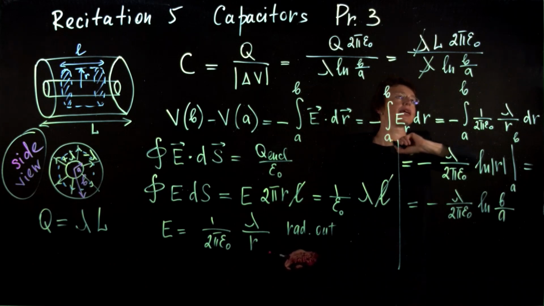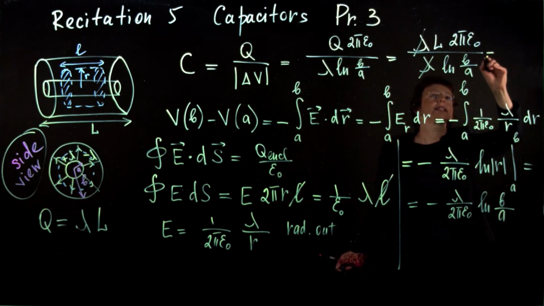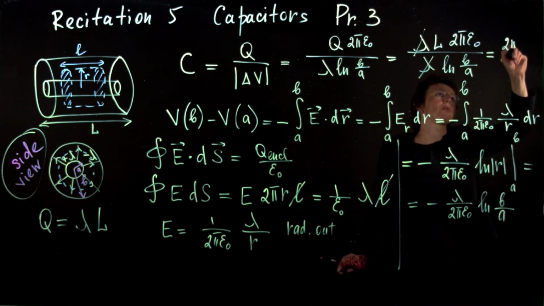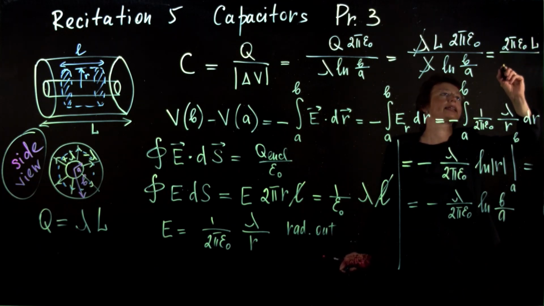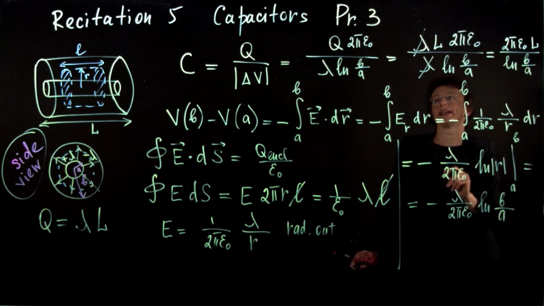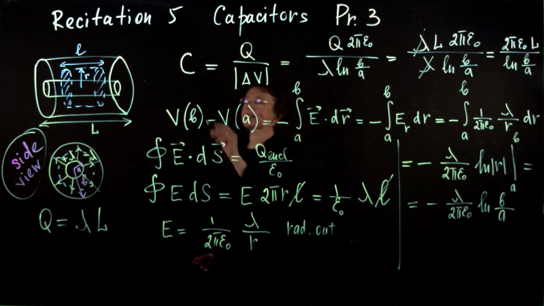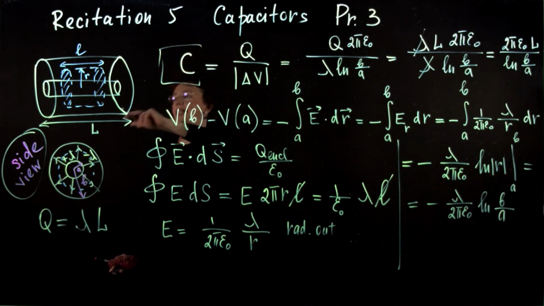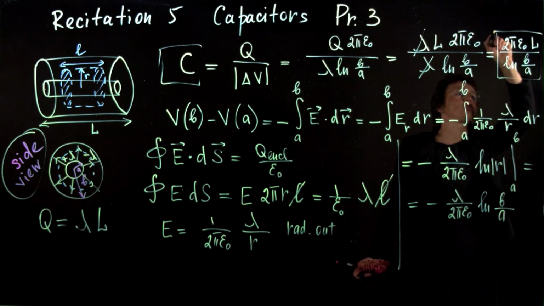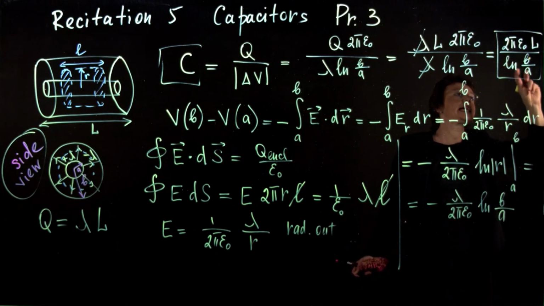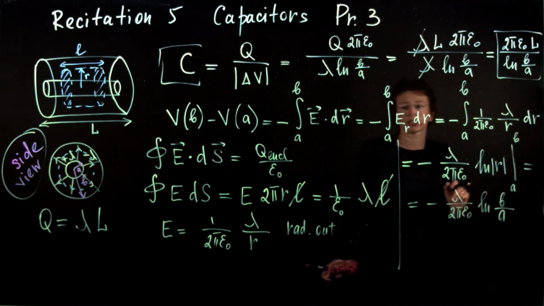Lambda and lambda cancel out, and I have 2 pi epsilon naught L divided by logarithm b over a. We found the capacitance of a cylindrical capacitor that depends just on geometry, depends on inner radius A, outer radius of outer shell B, and the length of the cylinder.